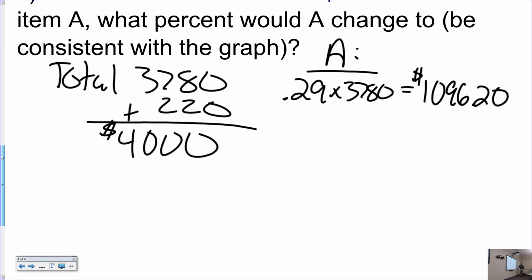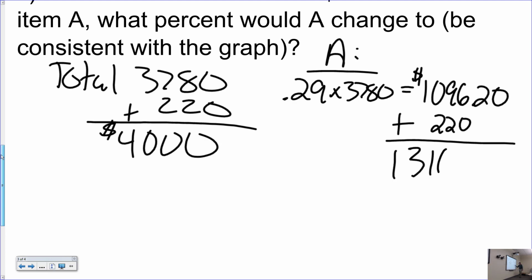What do I do with 1,096 and 20 cents? Subtract that. Okay. Because that got added to my sales in A. This was the amount that I thought I had, but I really had $220 more of sales in that particular item. So my dollar amount in A is really $1,316.20.